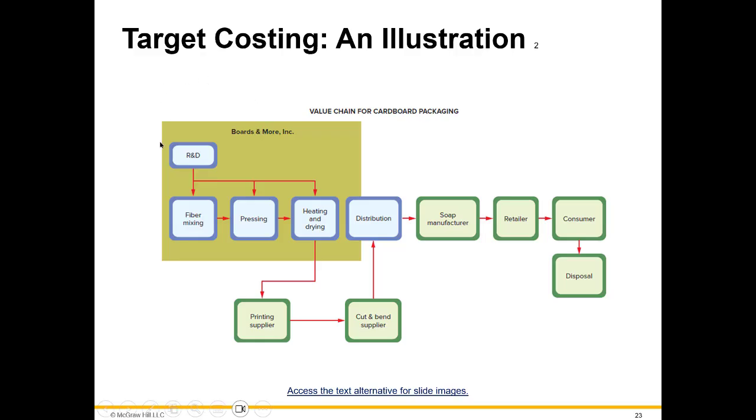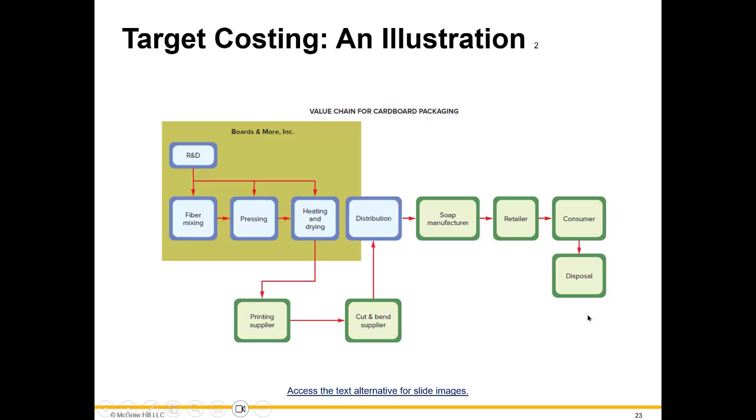So here's the R&D, right? We figure out the appropriate mix. It's got to have certain qualities in terms of fiber mixing, pressing, and heating and drying. Then we ship it out to the printing supplier and the cut and bend supplier, to get it printed, and now it's shaped back into the appropriate cardboard packaging, distributed, goes to the soap manufacturer, to the retailer, to the consumer, and then finally it's disposed.